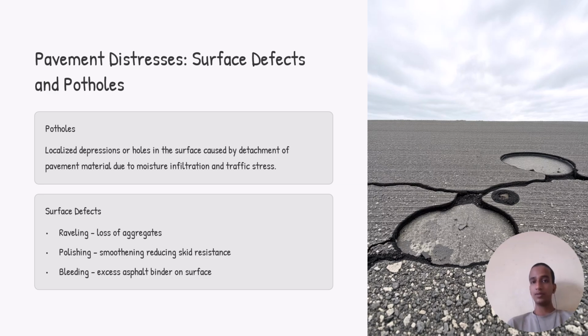And the last is the bleeding. If excessive binding material is provided, or the concrete mix, or we can say the bituminous mix, is not done properly. Concrete mix in the case of rigid pavement, and bituminous mix in the case of flexible pavement.